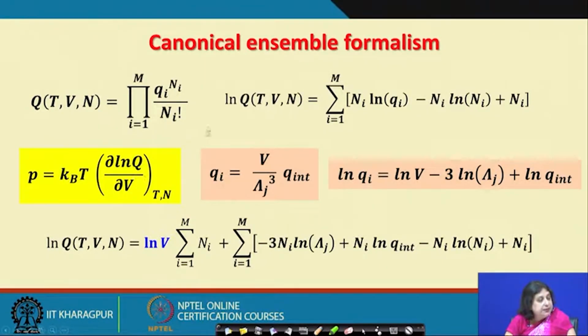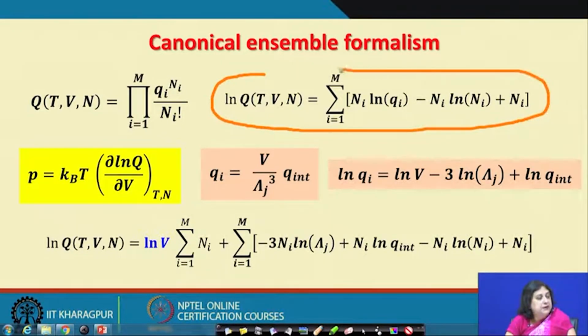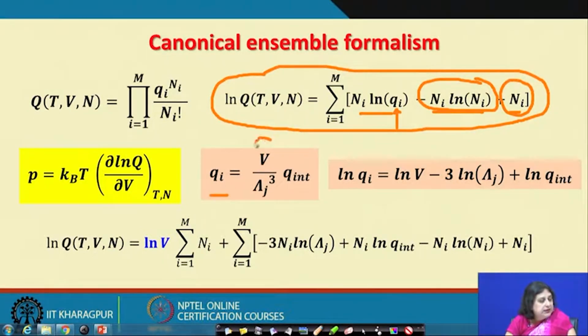Now, if I examine the expression for ln Q, what I find here is that ln Q is nothing but contributions coming from this term and this term, and the last 2 terms are independent of volume. So, I have to focus on what small qi is, and this small qi is this term multiplied by whatever internal structure that the system has.